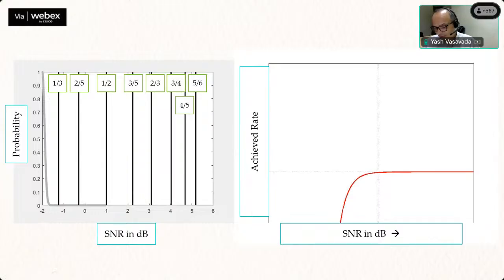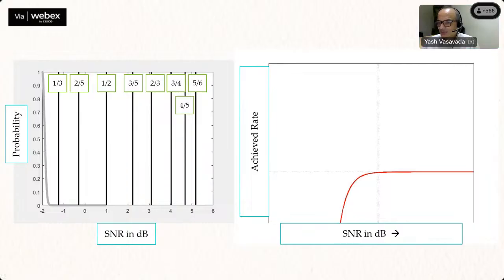Today's communication systems, whether it is 5G, DVB-S2X, or LTE 4G, implement all of these different coding rates and all the different modulation schemes that we're going to consider.